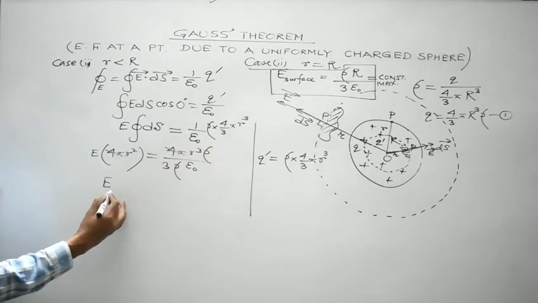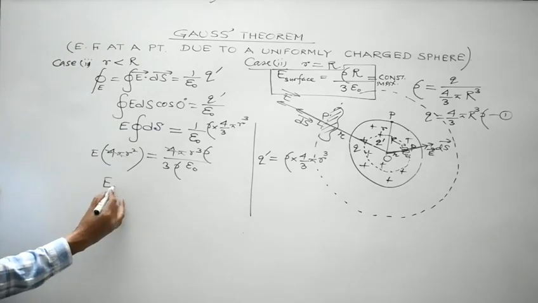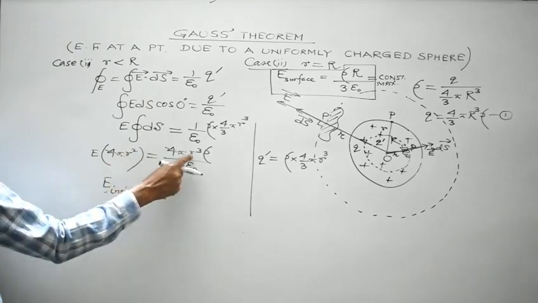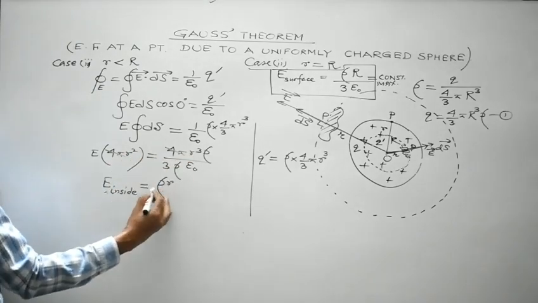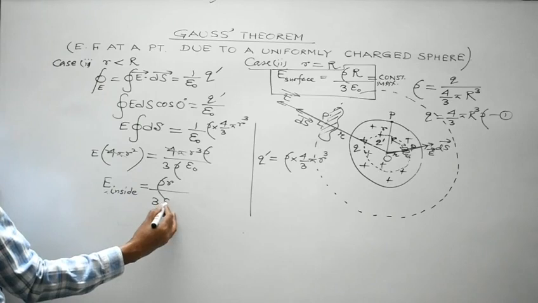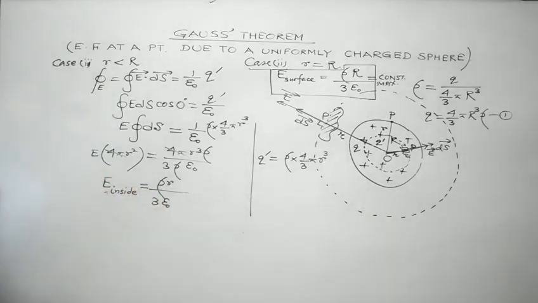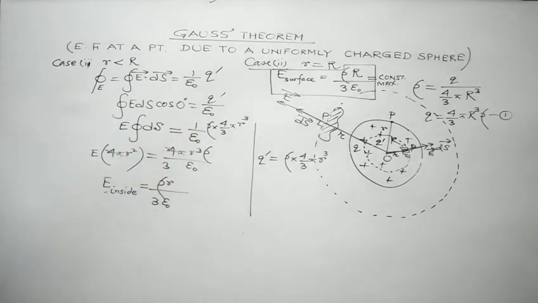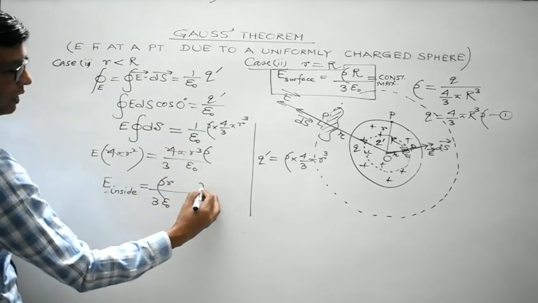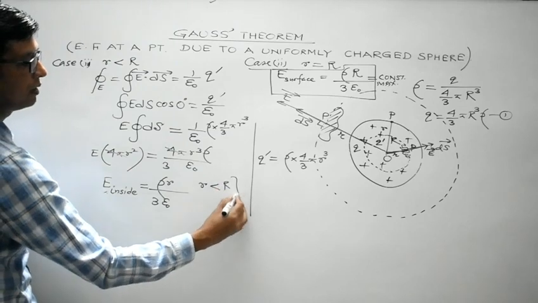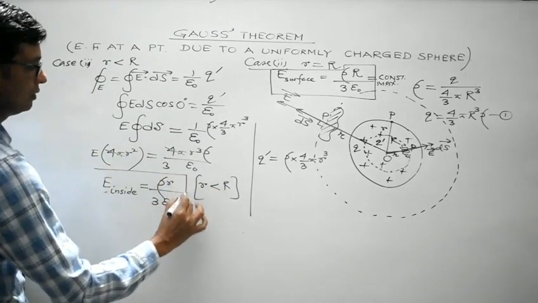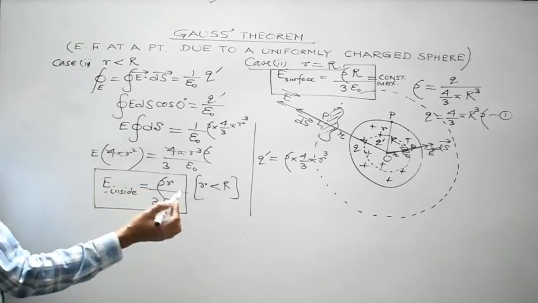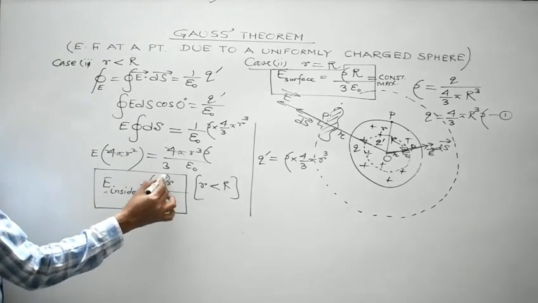So we get the electric field at a point inside the uniformly charged sphere as rho r square divided by 3 epsilon times r cube, so we'll be left with rho r divided by 3 epsilon. This is the expression which we will obtain. So this is valid for small r less than capital R. And you can well judge that rho by 3 epsilon is constant.